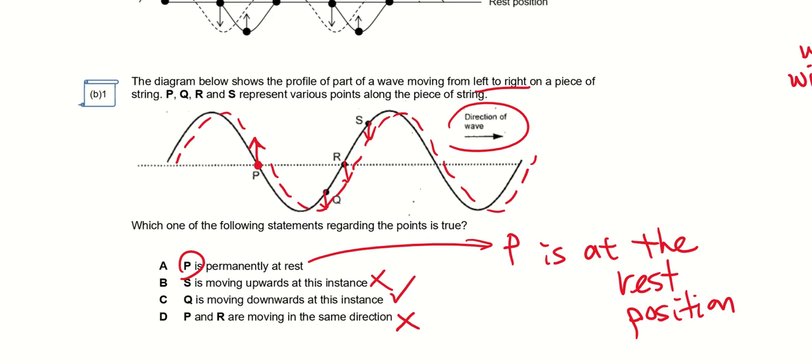Okay, I'm going to add on to this question now. T is at the highest point. The speed of T is 0. Why?